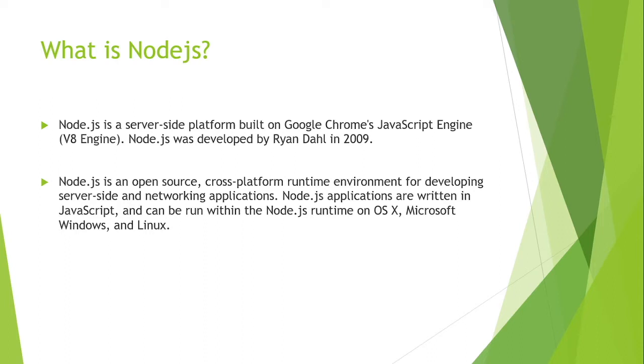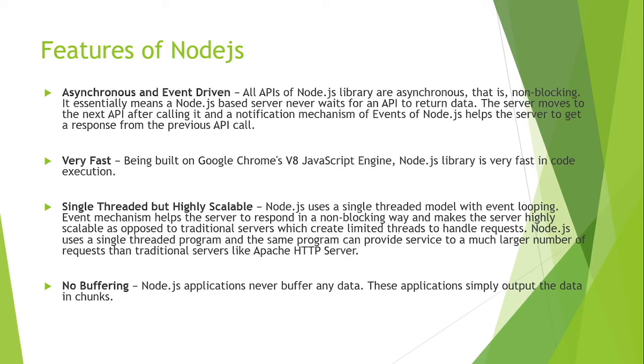So Node.js is basically a runtime environment that allows JavaScript code to run outside the browser using the V8 engine. V8 is a compiler kind of thing that compiles JavaScript code into machine code. So we can build so many applications using Node.js. We'll be talking about it later.